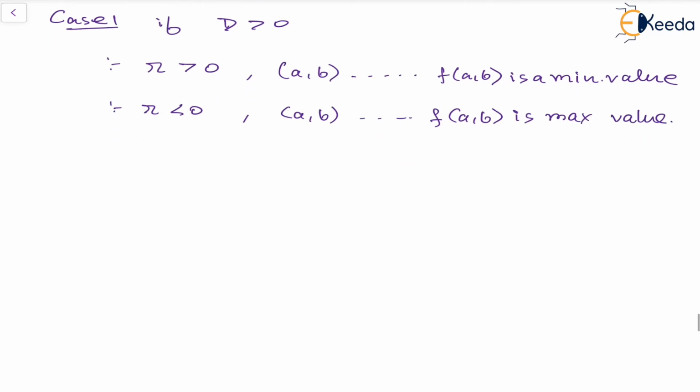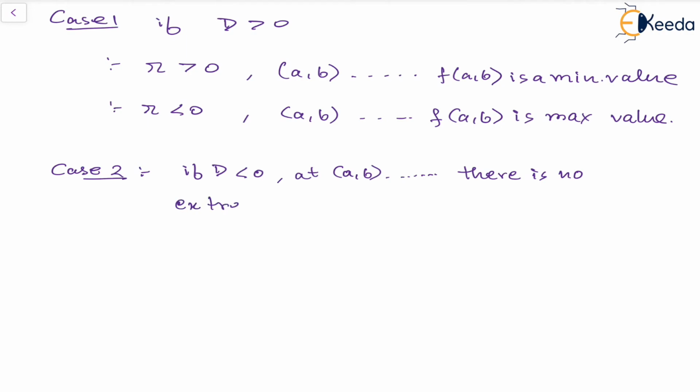Also, case 2 says if D is less than 0 at (a, b) or such pairs, in that case there is no extreme value of f(a, b) and so on.